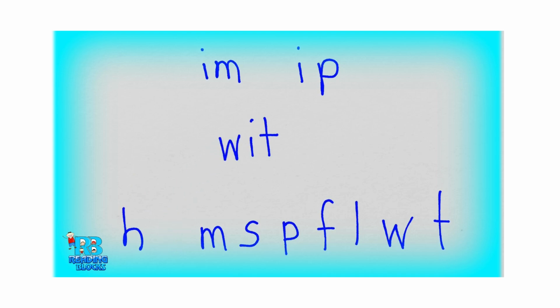Now we have w, it, wit. Very good. And let's bring this back and take our m. And we have it, mit. Very good. Now let's take our m and bring up our s. And we have it, sit.